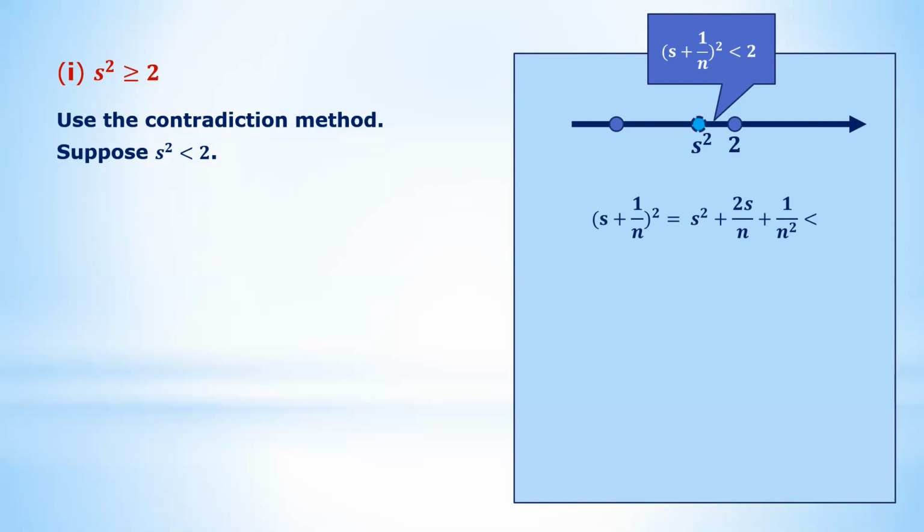Now, if you just solve this inequality, saying this is less than 2, to solve for n, it's not easy because the two terms on the left side actually involve what?